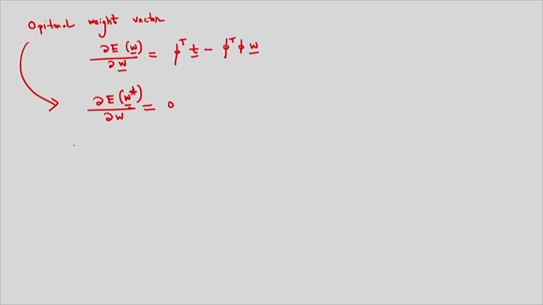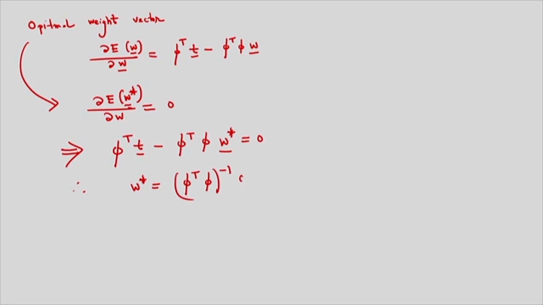Corresponding to this I get phi transpose T minus phi transpose phi W star equal to 0, and we can determine W star: W star is equal to (phi transpose phi) to the power minus 1 phi transpose T. This is the expression for the optimal weight vector.